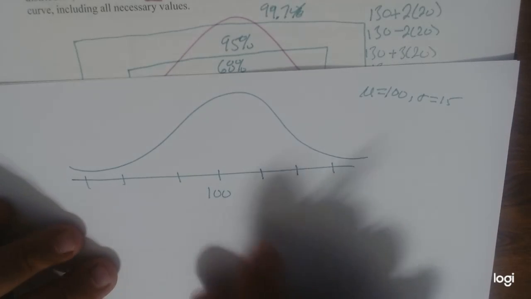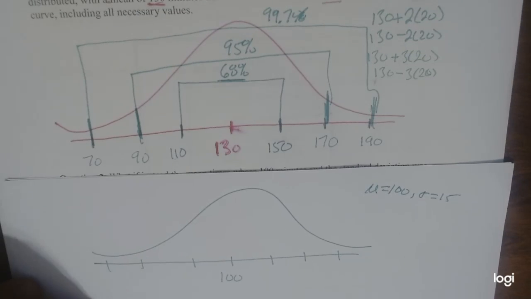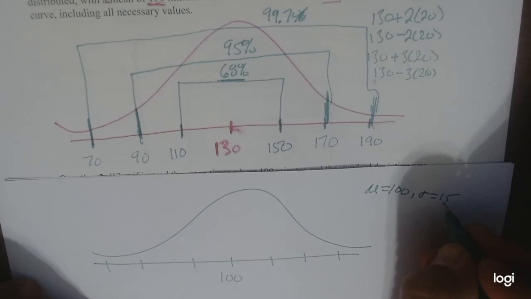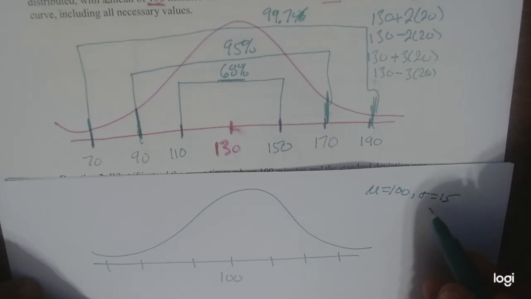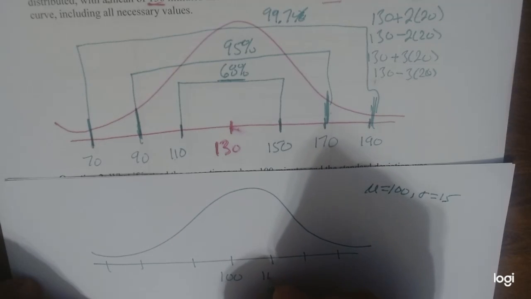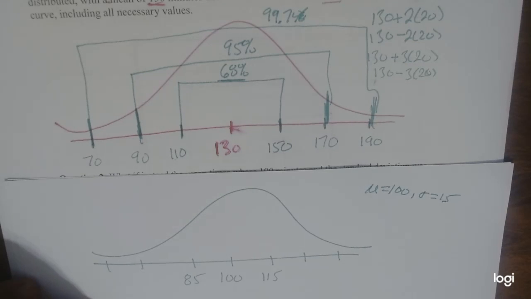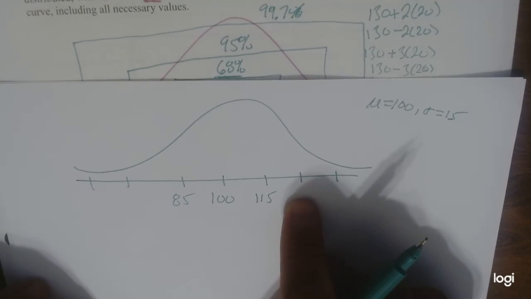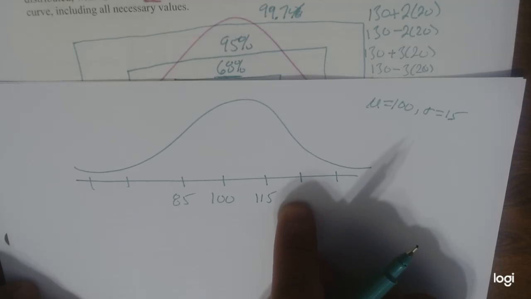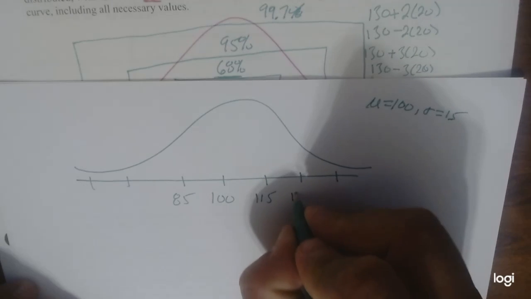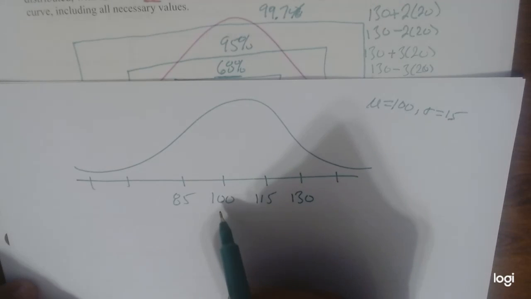You can copy exactly what we did before, but now it's 15 instead of 20. So add 15, subtract 15. Next one, I'm going to add 2 times 15, so 30, so that's 130, and then subtract 30.